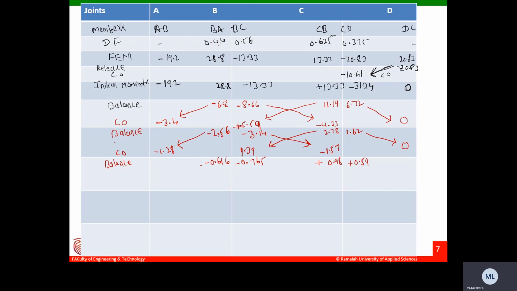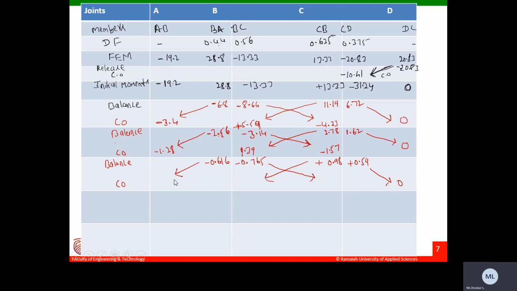Now what I have to do? Next I need to do the carry over. Means half of the moment to the joint A, because that is fixed. Half of the moment from B to C, because that is continuous. C to B, because B is continuous with respect to C. Then here no moment should be carried.